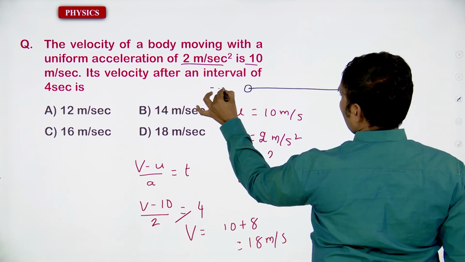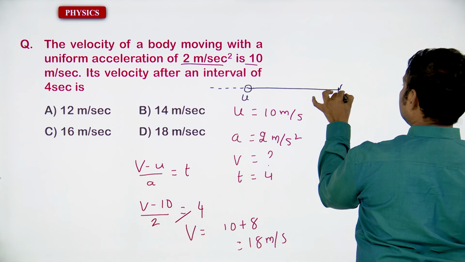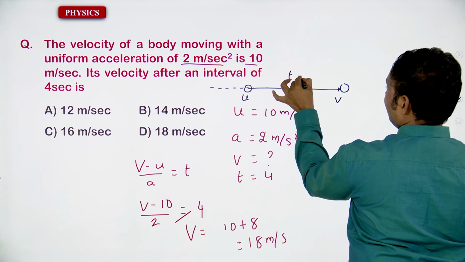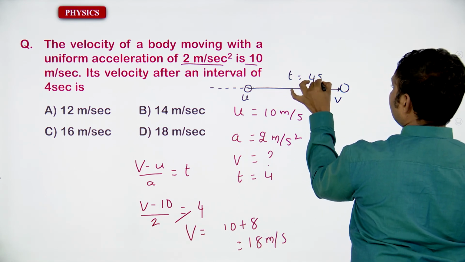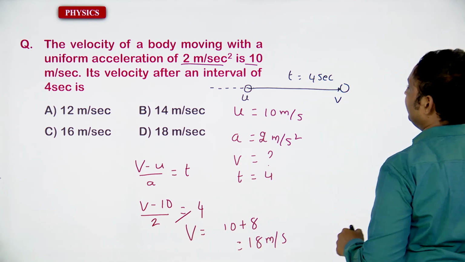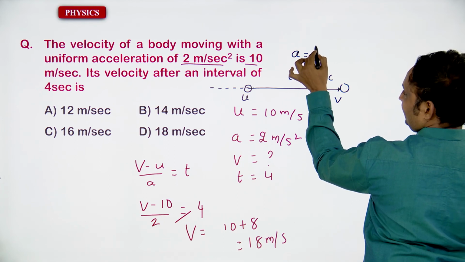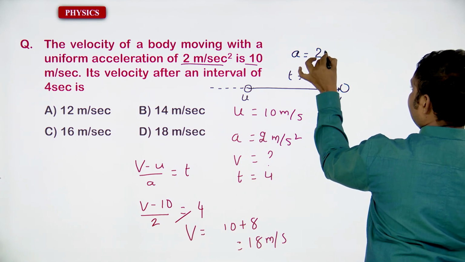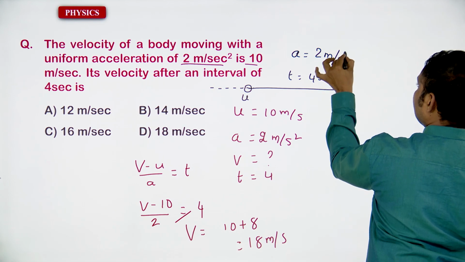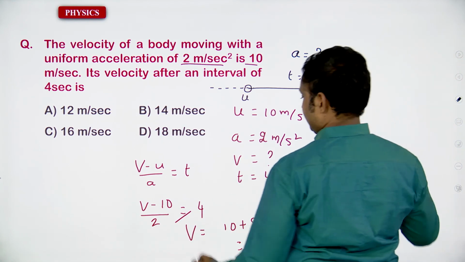So, it is moving with an initial velocity u. It is going to have the final velocity in the time t is equal to 4 seconds. What is its velocity? Just you have to find out that. Meanwhile, the acceleration is uniform, that is 2 meter per second square. In this way, you will solve the problem. Right, it's very clear.